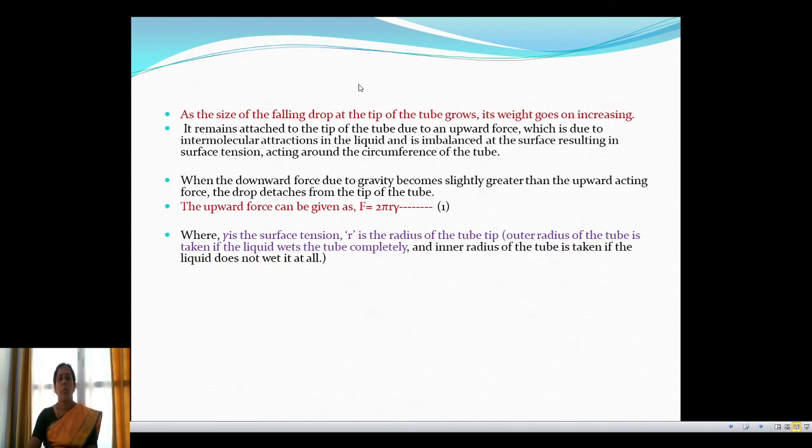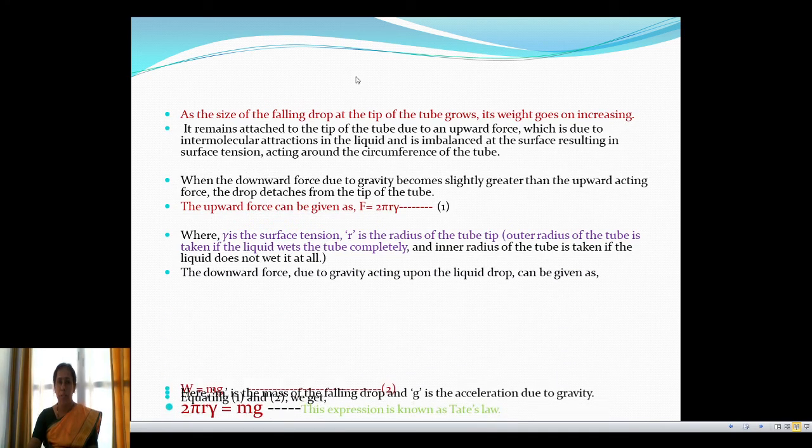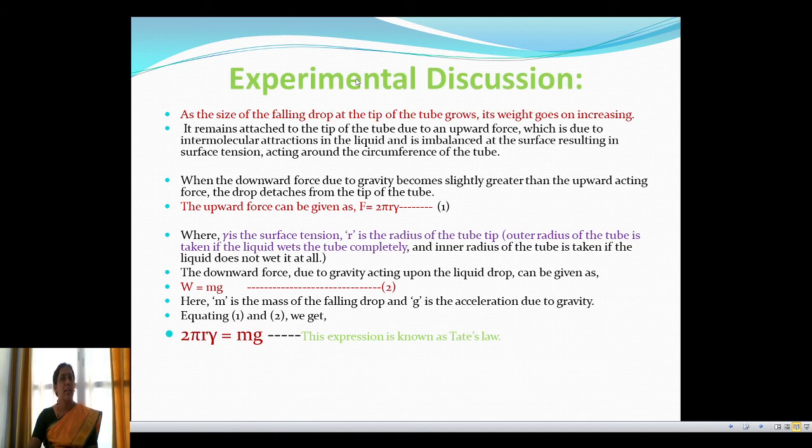Now we are going to discuss the actual procedure of this experiment. As the size of the falling drop at the tip of the tube grows, its weight goes on increasing.